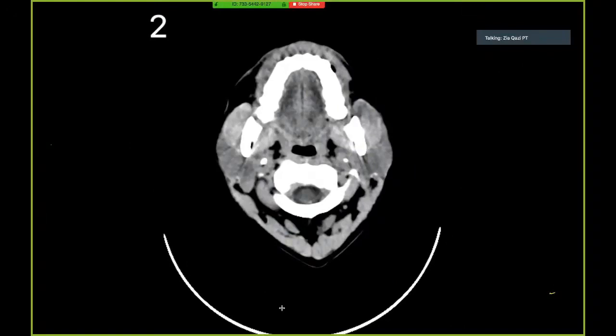Coming to case 2, we will see a scan. We will go the same way, structures, then symmetry, then we will see if there is abnormality. Now they have started from the level of C1, there is no C2 here. You know this is C1 because you see a clear cut arch, there is no spinous process, you see the spinal cord there, you see the mandible, and this is the maxilla, the teeth have been shown.